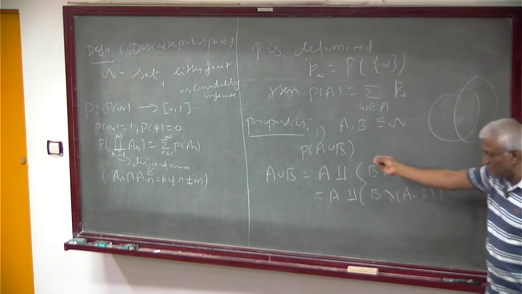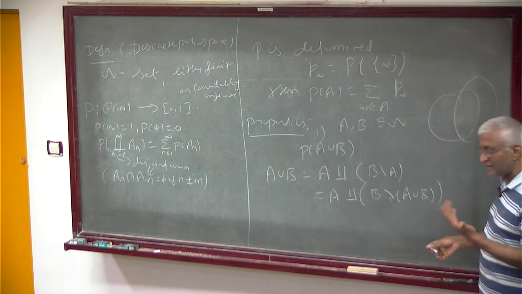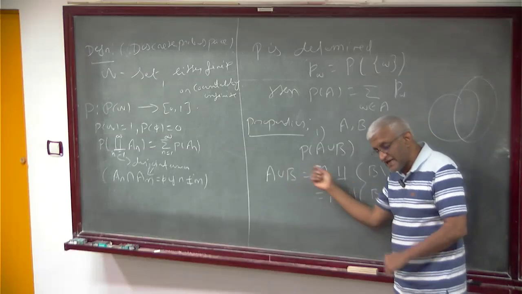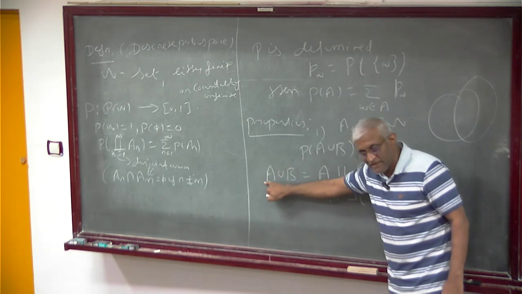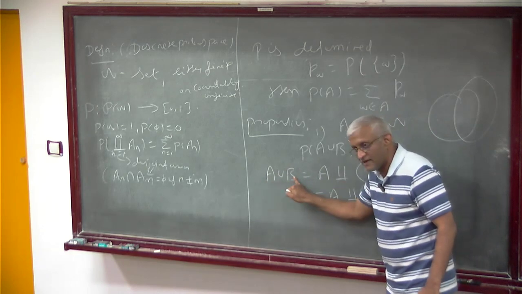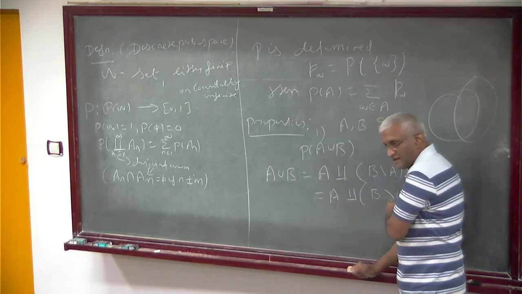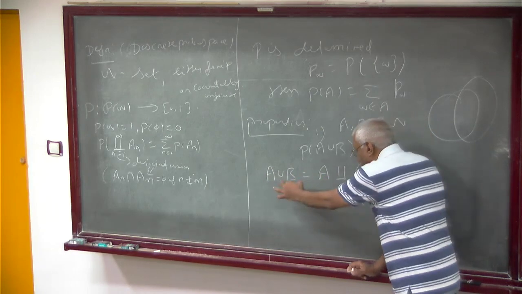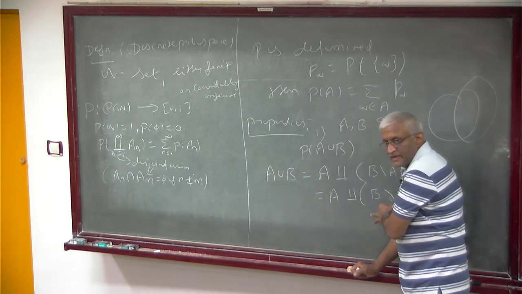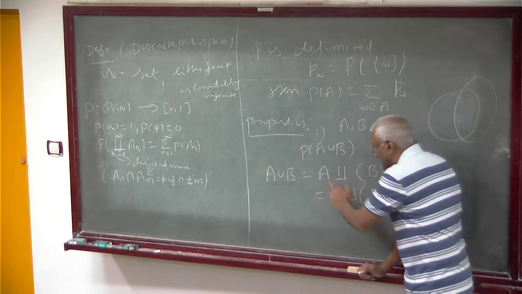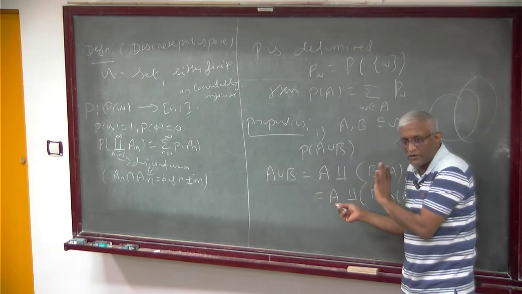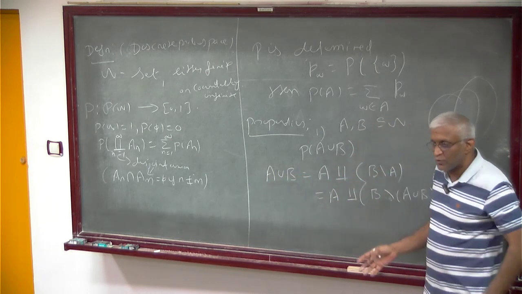This is a simple case, but whenever we want to say that two sets are equal, we take a point here and use the definition. Whatever this means, it is either here or here. Then we have to prove it is either here or here, and that will imply that this is contained here. Similarly, if something is here, then it is in one of these sets.